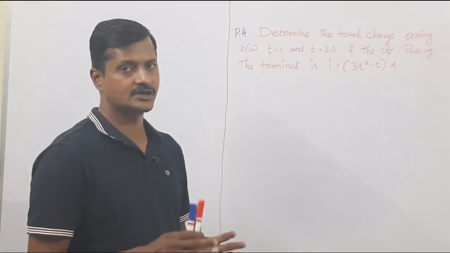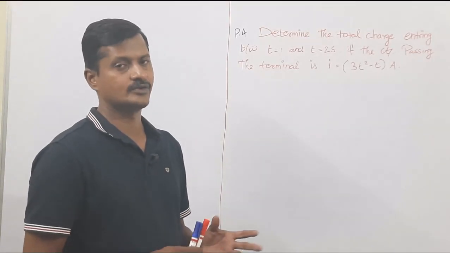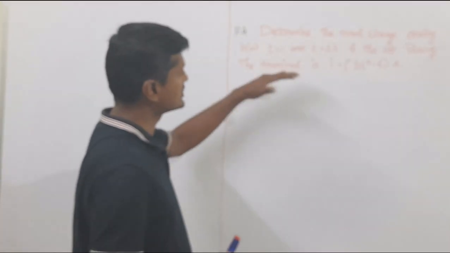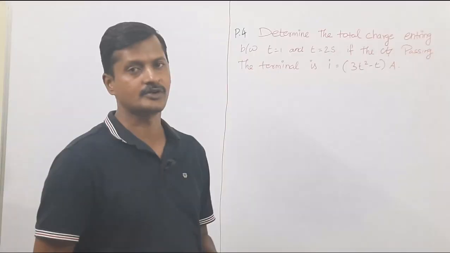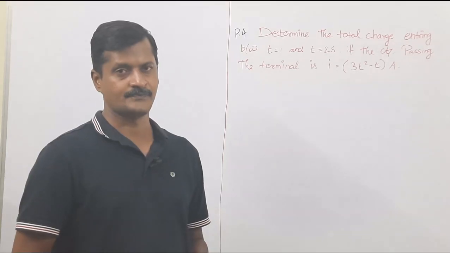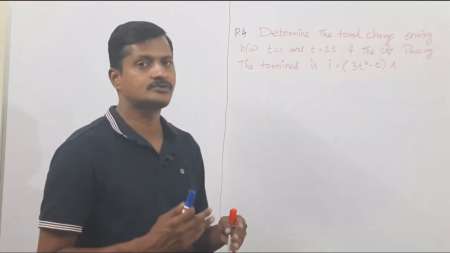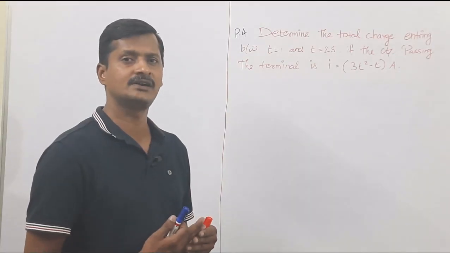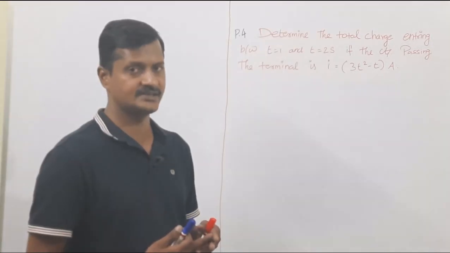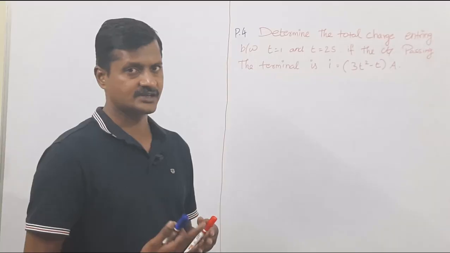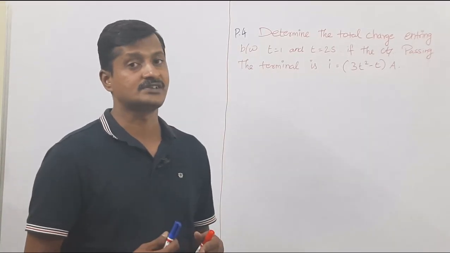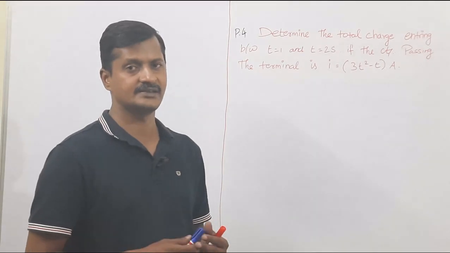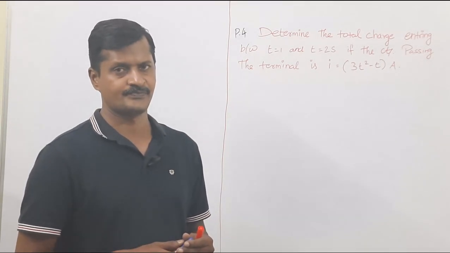Now it is the reverse: the current is given and we need to find the charge. As I said in the first lecture, to find the current we differentiate the charge, and to find the charge we integrate the current. Right?